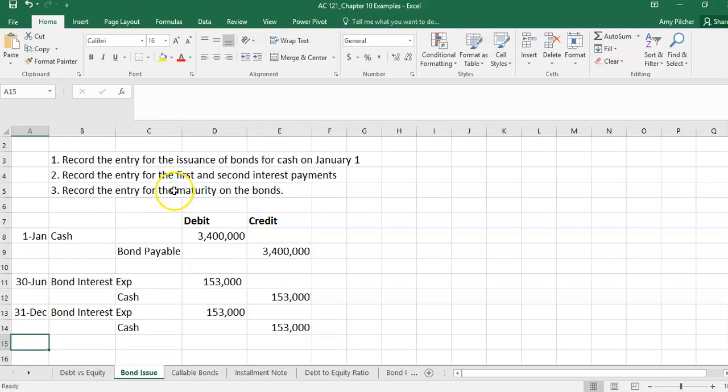At the end of 4 years, our bonds have hit maturity and we retire them. When we retire them, we remove the bond payable from our books and we pay cash to our bondholders for the value of the bond.